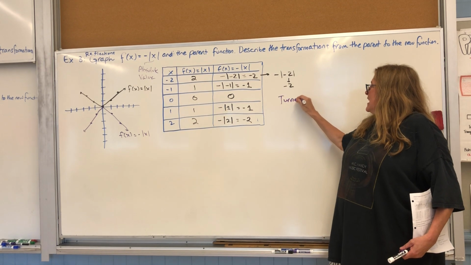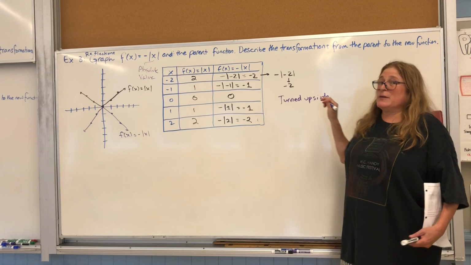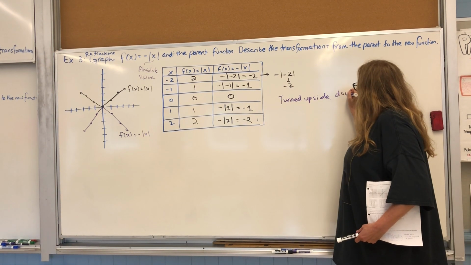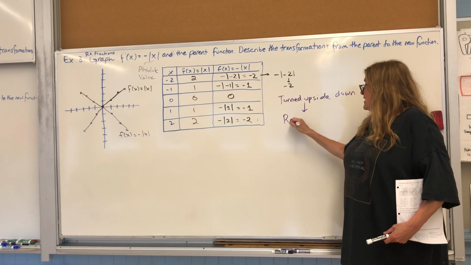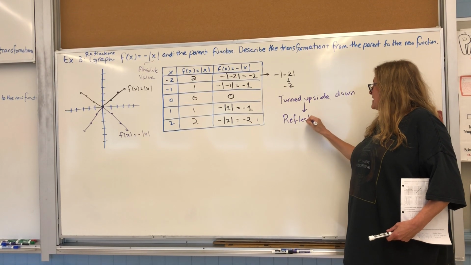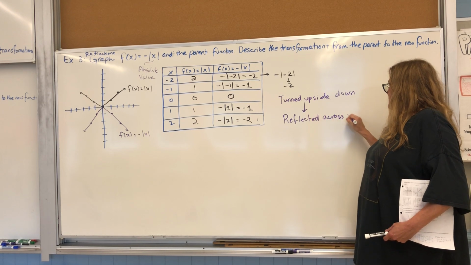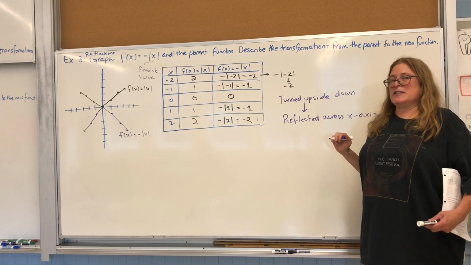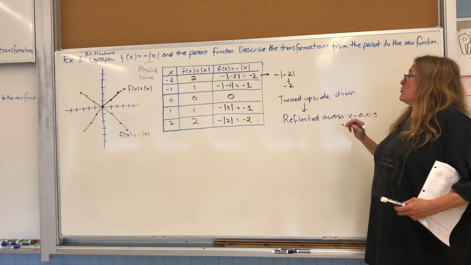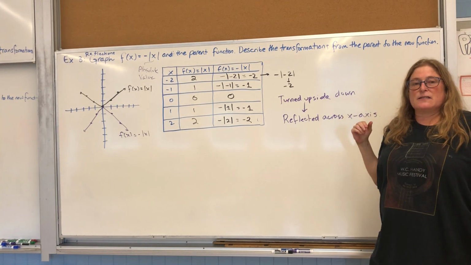Except we can't really say turned upside down because that doesn't sound sophisticated. And mathematicians are sophisticated. So another way to say turned upside down is to say reflected across the x-axis. That's a fancy way of saying turned upside down. So this, compared to the parent, is reflected across the x-axis.